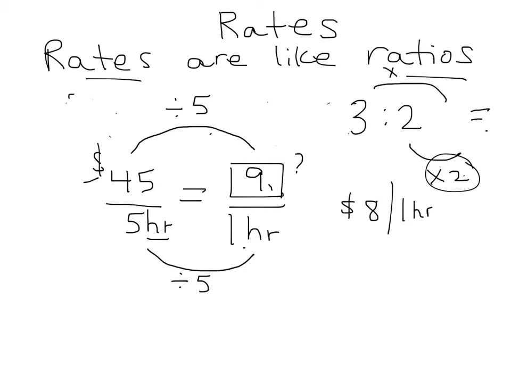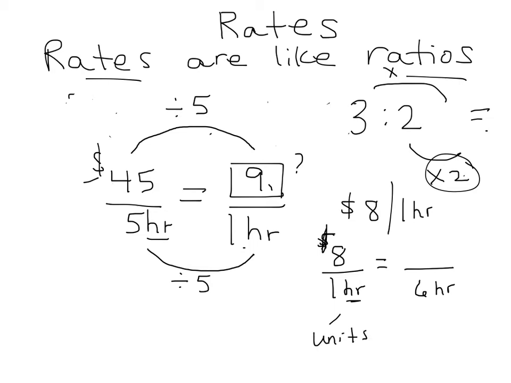Sometimes it's easier to write the rate as a fraction, just so we get used to fractions and ratios and things like that. So again, we set it up like that, and I want to find out in 6 hours how much money I'm going to make. So this is $8 an hour. Again, there are my units there, the money and the hours. Those are called units.